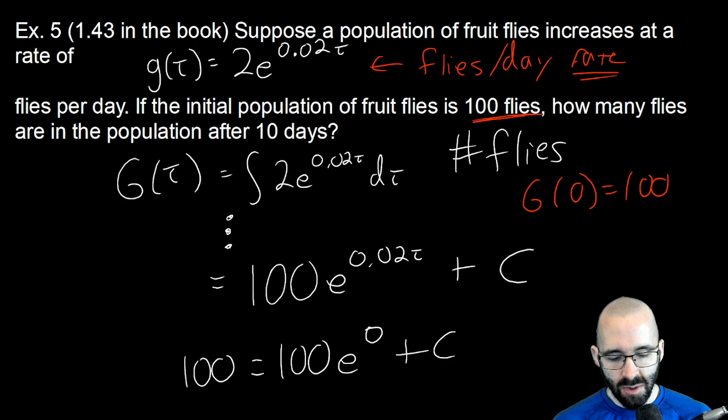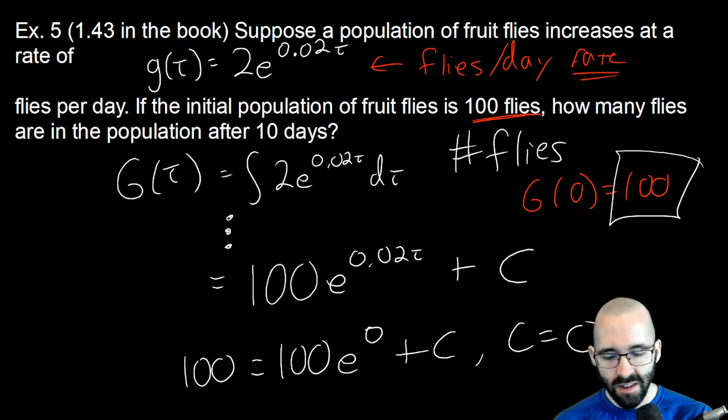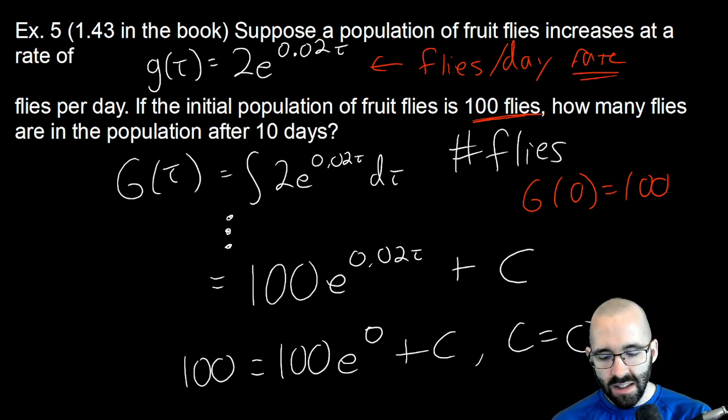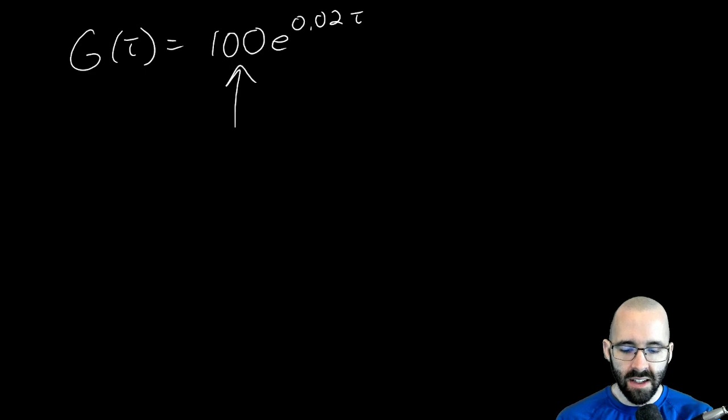You're going to get that c is equal to 0 here, which feels weird, but it works out. Because if c is equal to 0, right, what do we have? We have that g of t is just 100 e to the 0.02t. And again, you can see that this is the initial value here, not the plus c.